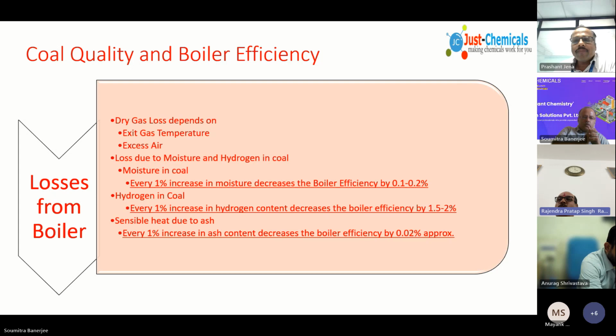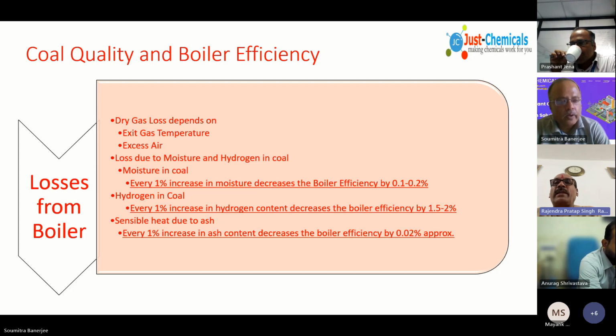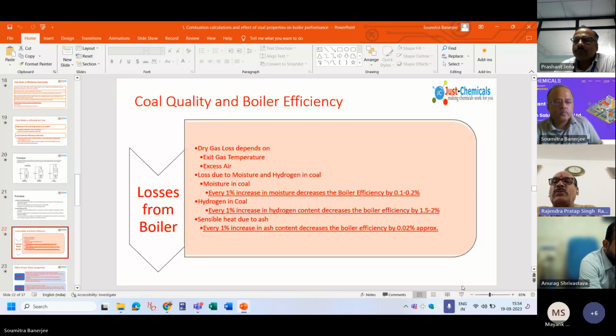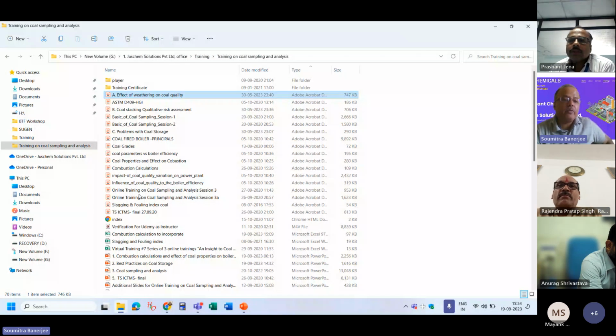What we are really bothered about is that H2 plus O2 is equal to H2O plus 572 megajoules. Now this H2O would require some heat, some enthalpy rather. So out of 572, let us say it will take away 225. So still you have 300 plus. Still you have much more.